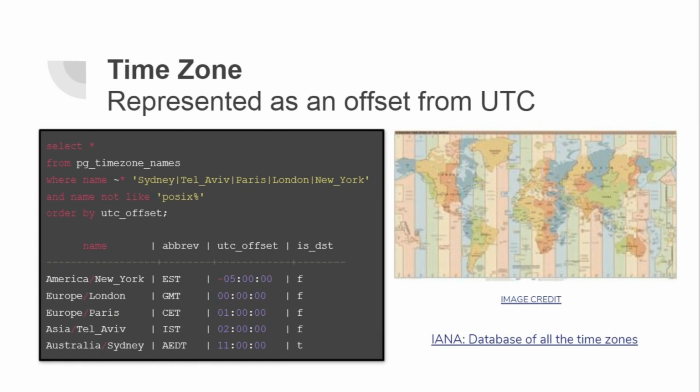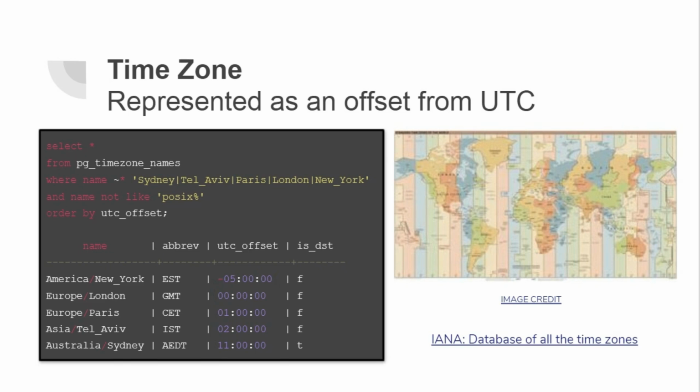But for those of you who work only in the local market, you might not be aware of time zones. You can see in this example on the left that if you take Sydney, Tel Aviv, Paris, London, New York, each has a UTC offset from UTC, which is 0. So New York is -5 and Sydney is +11.